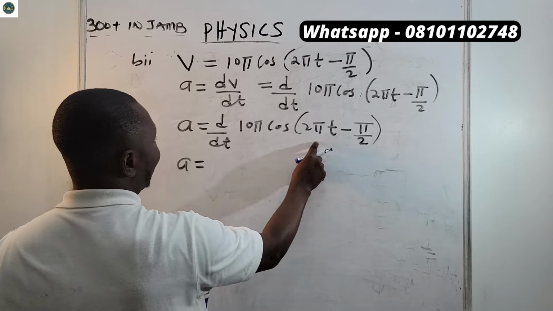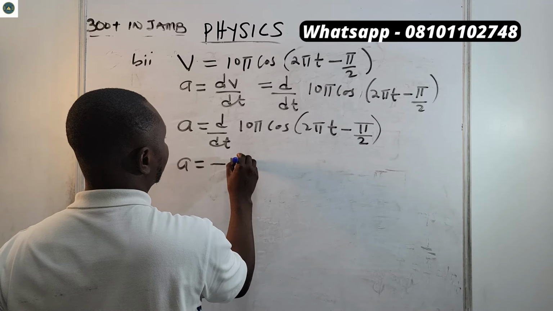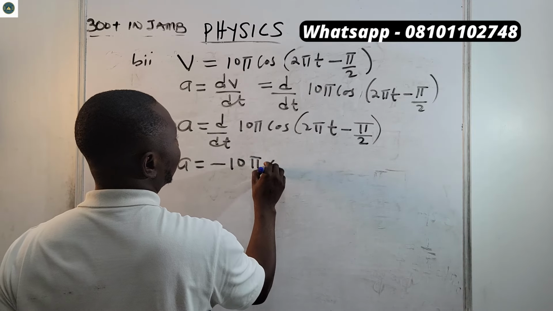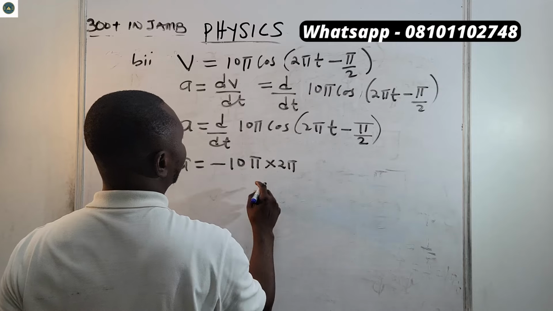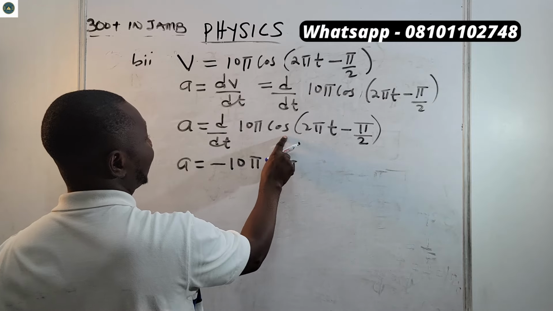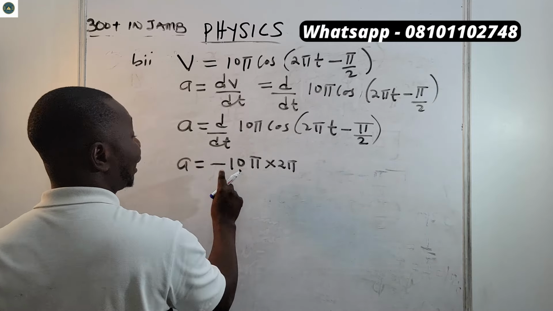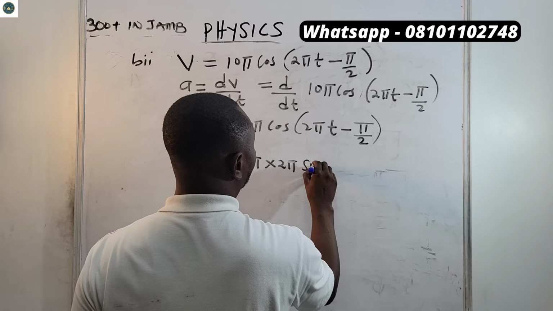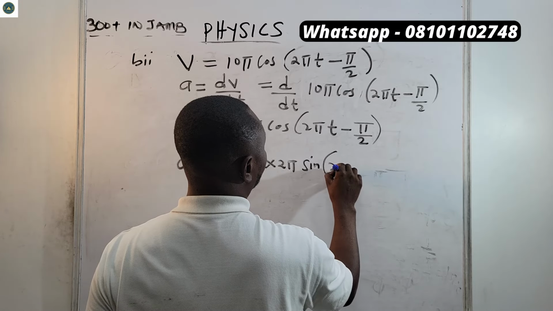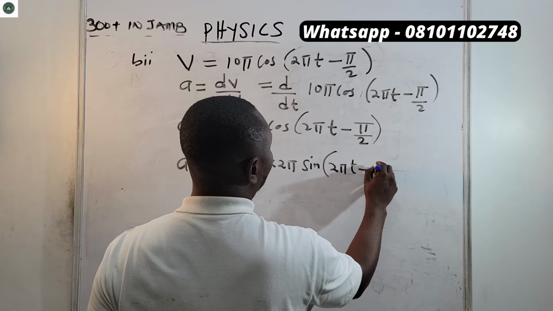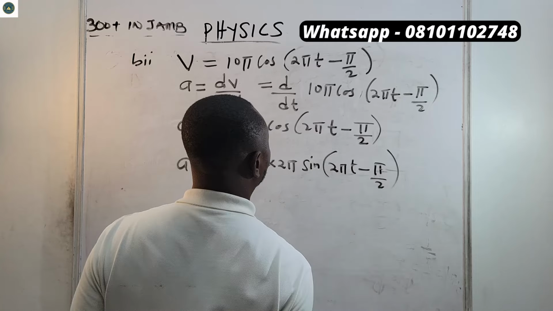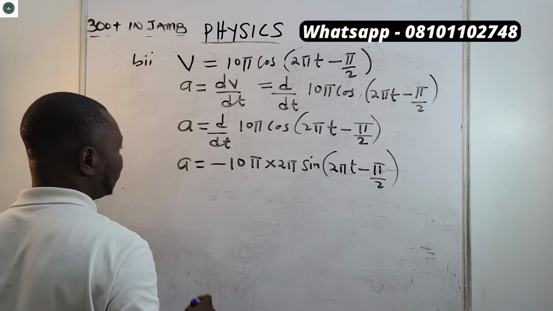But we have 2 pi here, so it becomes minus 10 pi times 2 pi. The minus is coming because if you differentiate cos, you have a negative sign. So we have sine(2 pi t minus pi over 2). That is the sine function.